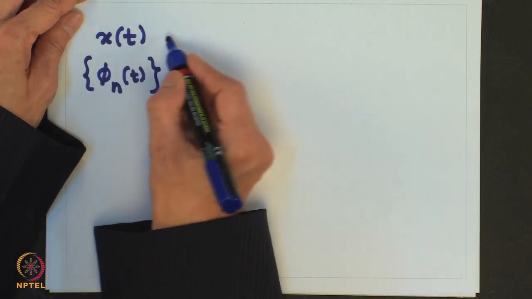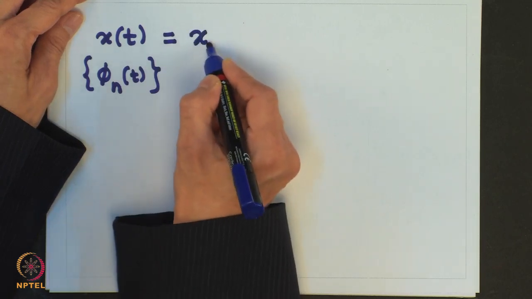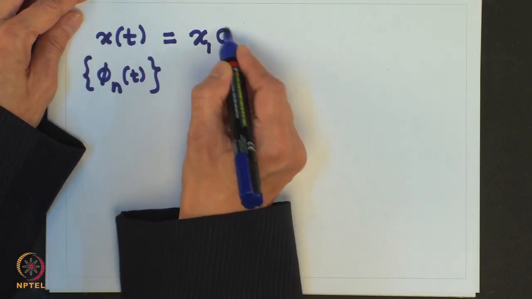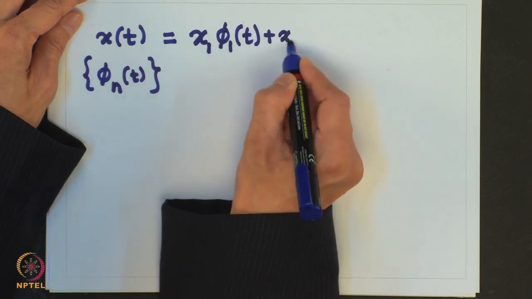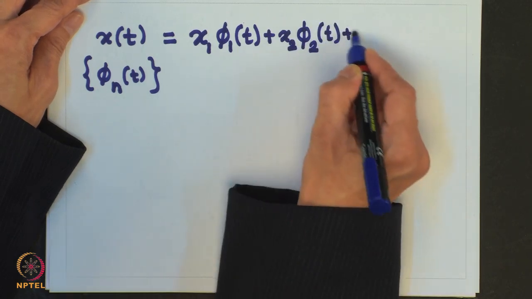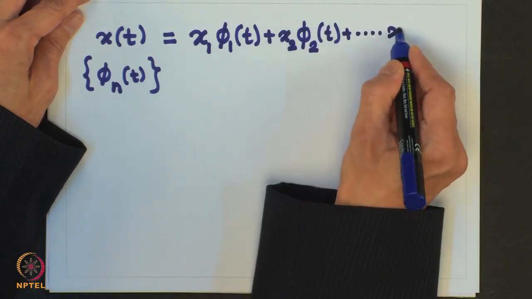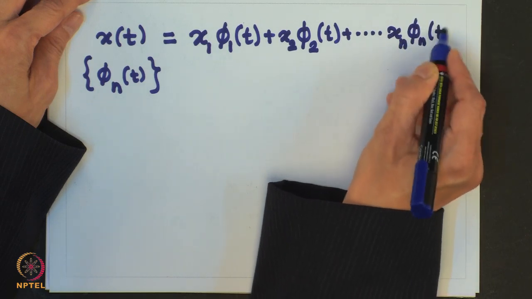So, if I can represent this x(t) by a linear combination, it means I can write it like this: x1 phi 1(t) plus x2 phi 2(t) plus up to xn phi n(t).